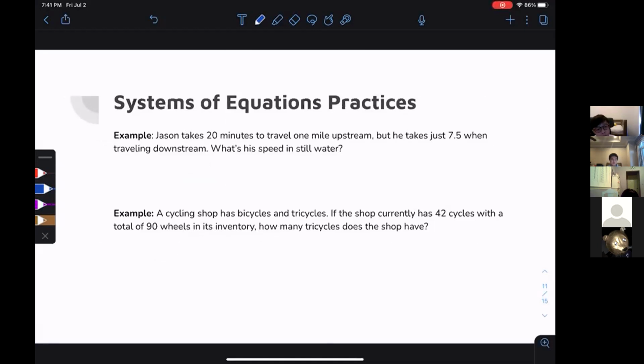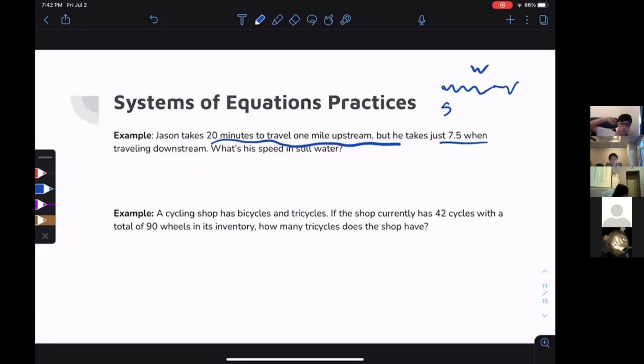As you might be able to see from the context, this is assuming that the water he is in flows at a constant rate, like, I don't know, W or something. You can set it to whatever you want. It also assumes that his raw speed, let's say S, is the same for both the 7.5 minutes downstream and 20 minutes upstream.